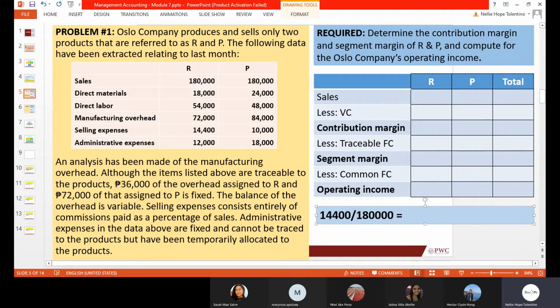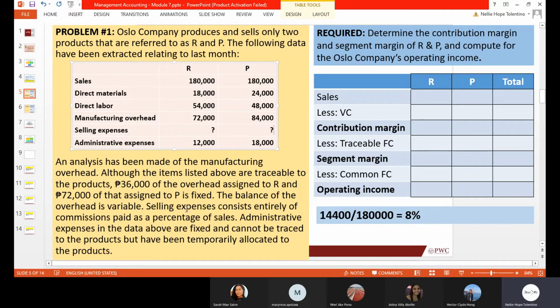Try nyo. Ilang percentage yan? Yes, 8%. So that's how you compute. If you were given an amount, tapos sinabi na yung amount na yun is percentage of something else, i-divide mo lang. 14,400 divided by 180,000 sales, so 8%. Kasi pwedeng ganito, class. Question mark yan.